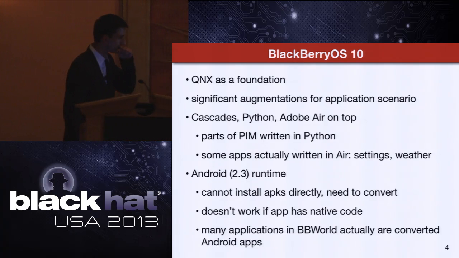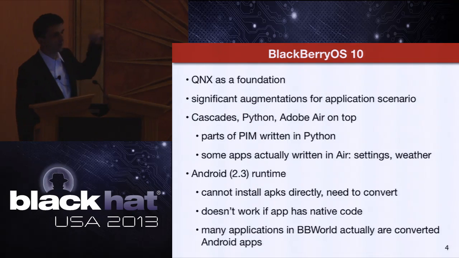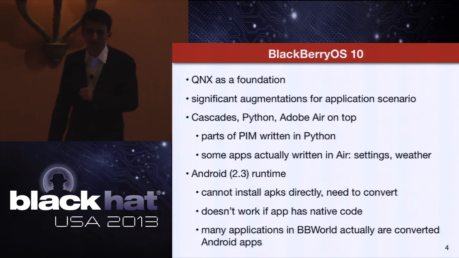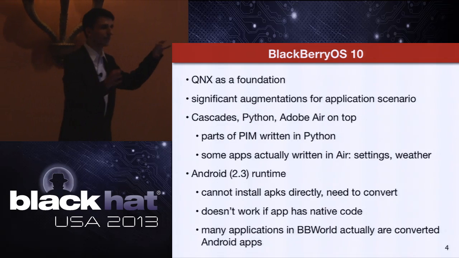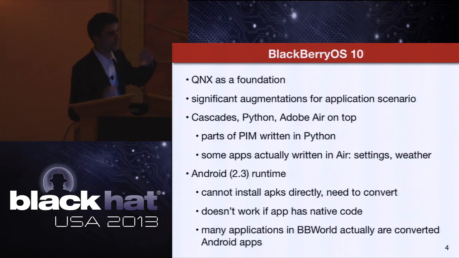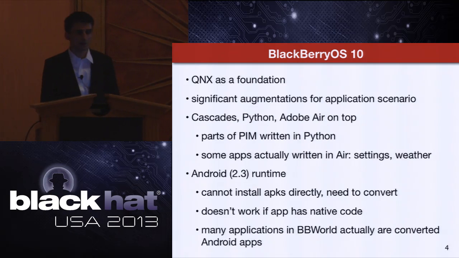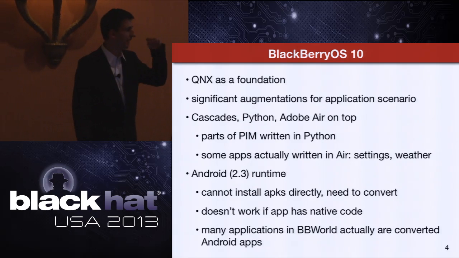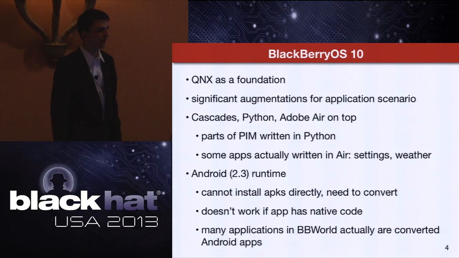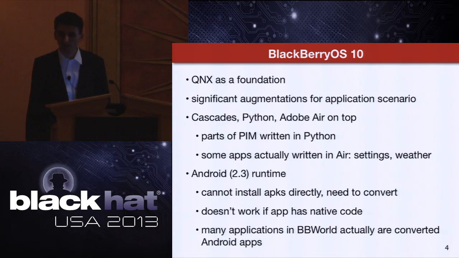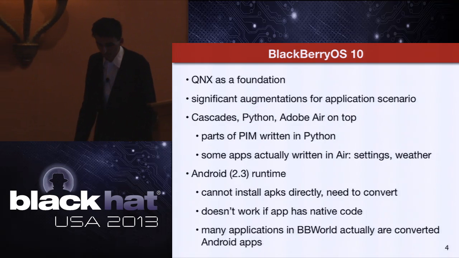So there are parts of the personal information manager that are written in Python. So you have like a mix of Python, Qt stuff, and Adobe Air applications running on the operating system. For instance, the settings application and the weather application are written in Air, as I think is the engineering screen, which we'll go into later.